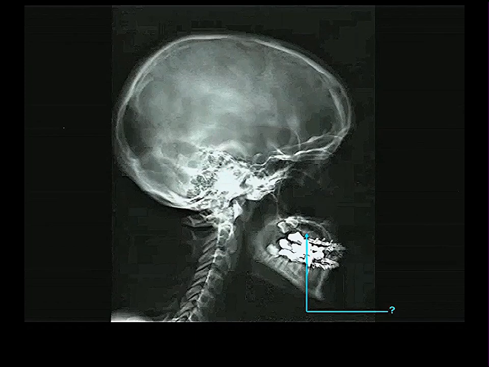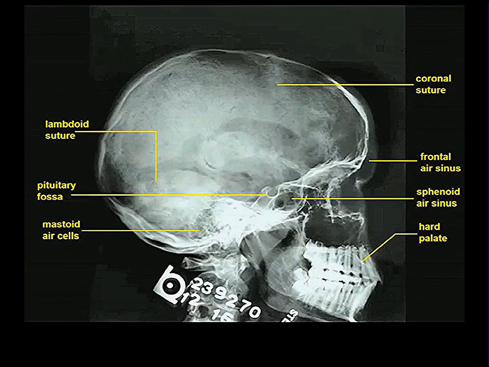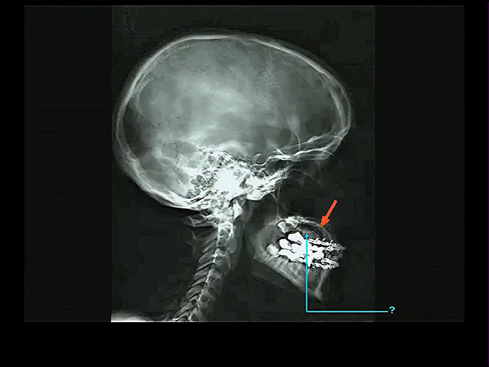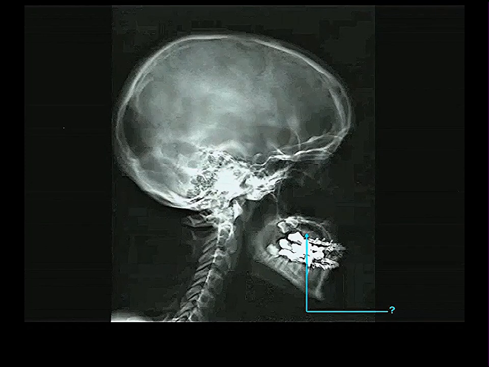This I don't think you could figure out on your own, so I'll ask someone what they think it is. I will point out here, remember on this one, this is the hard palate seen in sagittal section. Here is the hard palate in this person seen in sagittal section. So this is not part of the hard palate.